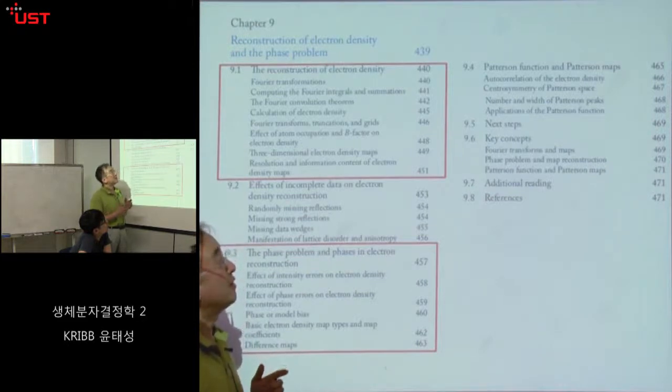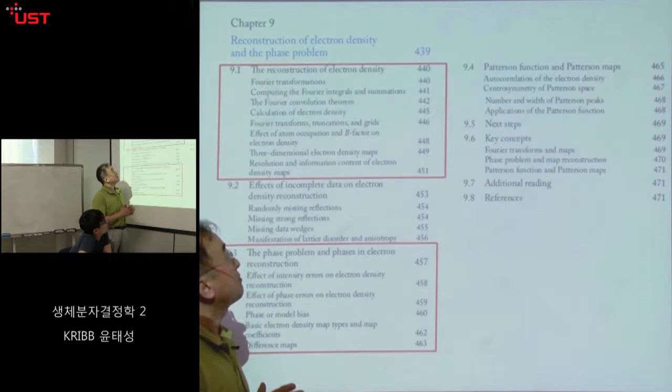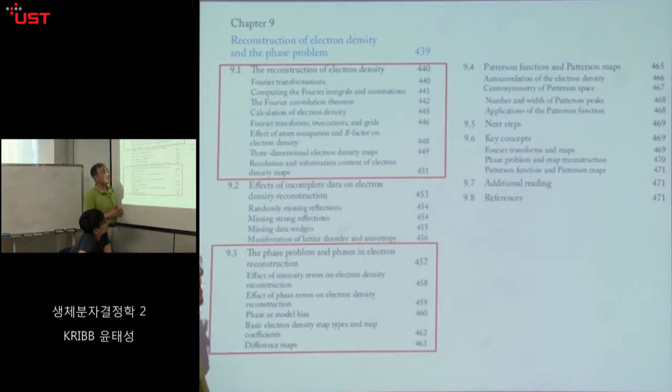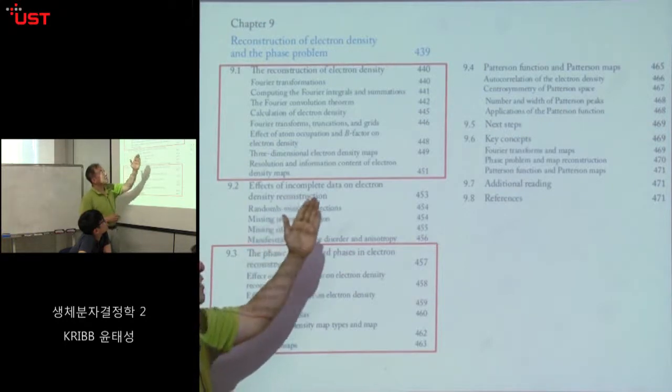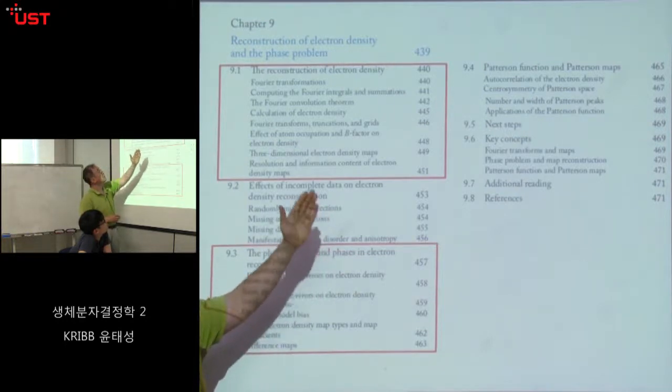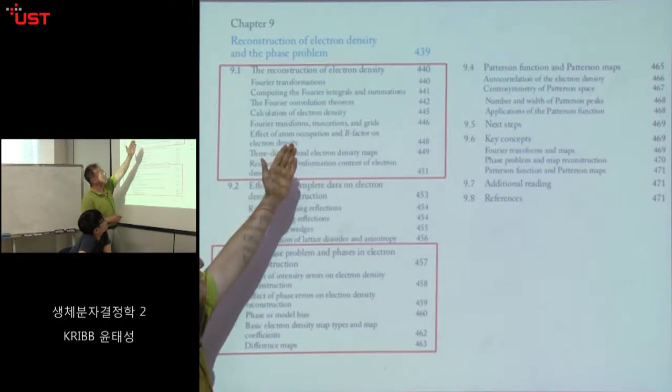Somewhere between there, we have the Patterson symmetry of the Patterson function. So we have real space symmetry in the electron density function. Also, we have reciprocal space symmetry in diffraction space or reciprocal space spots.